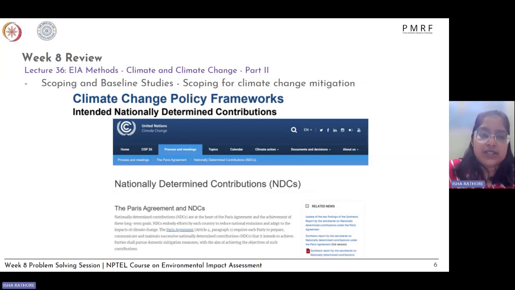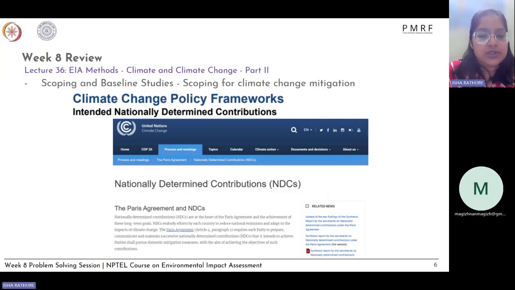So we have several policy frameworks for climate change, which have defined the nationally determined contributions or the NDCs. These are at the heart of the Paris Agreement and the achievement of these long-term goals. Each country pledges or attempts to reduce their national emissions and adapt to the impacts of climate change. Towards that aim, they have established their own NDCs.